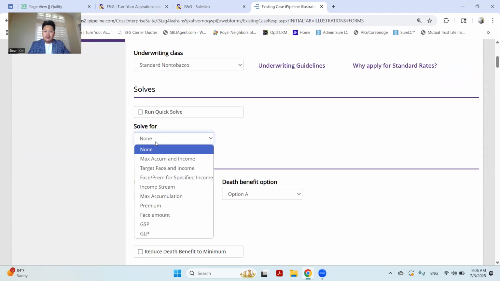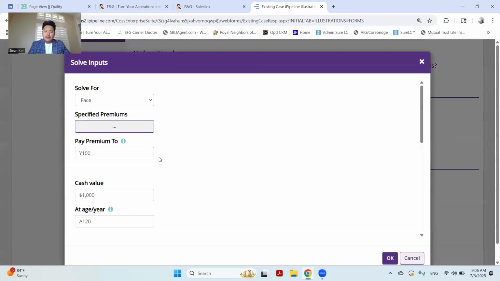There's a drop down menu. You want to go to max accumulation and income. What it does is calculate the maximum amount of accumulation and income that this policy can give the client, based on the client's affordability.